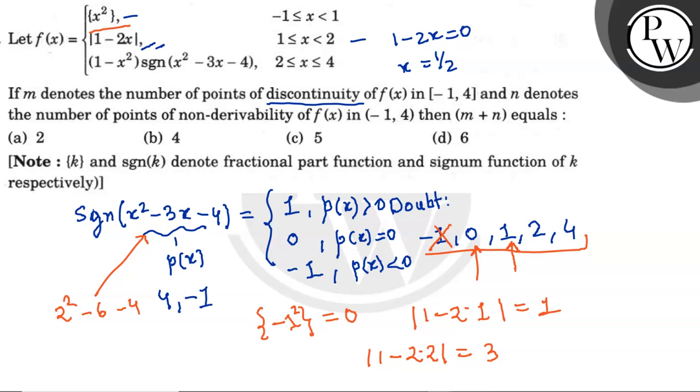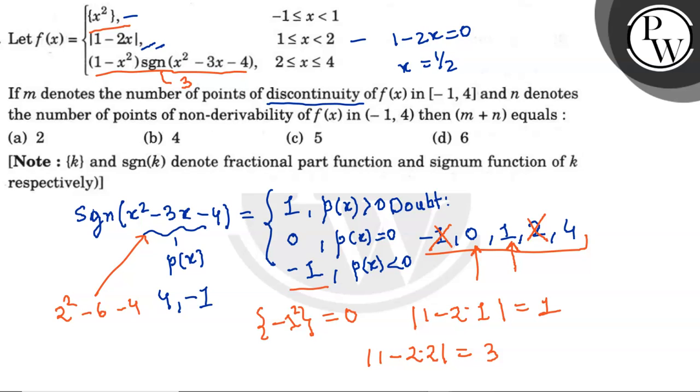So this value is negative. When it is negative, we will have -1, and it means that the function at x equals 2 will also be continuous.